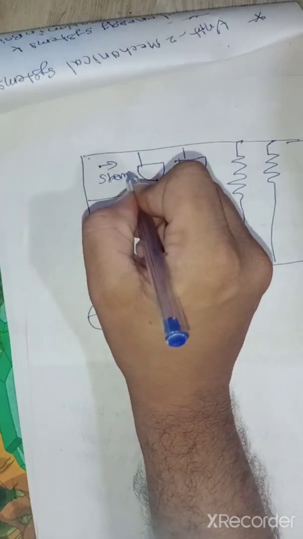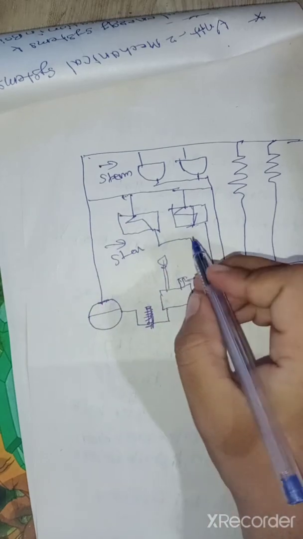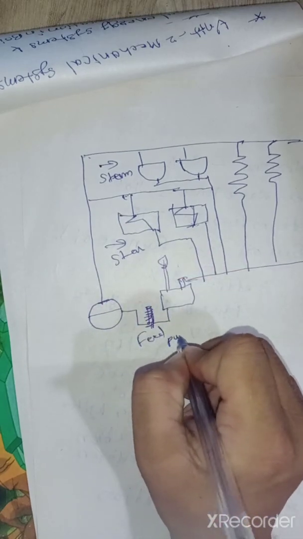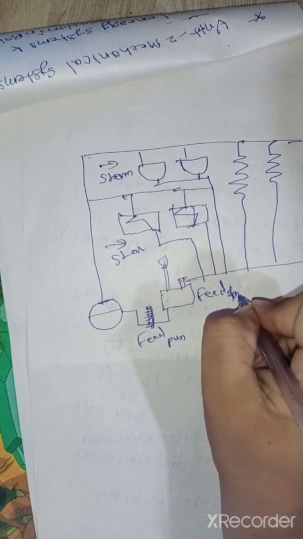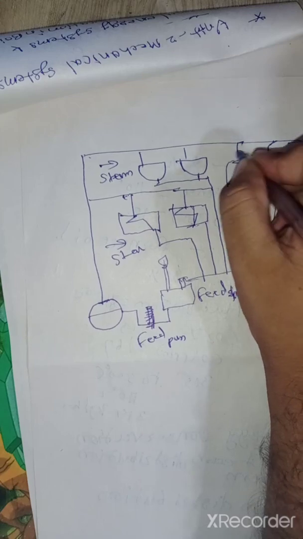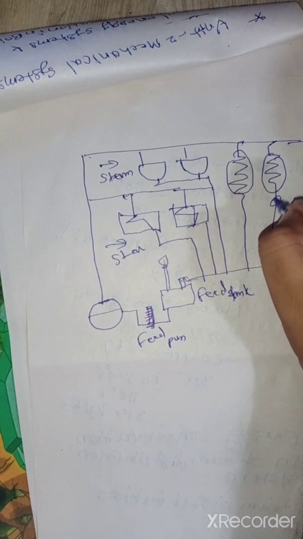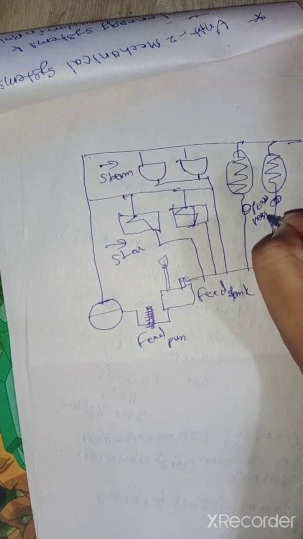This is steam, feed pump, feed stock or feed tank. These are the pressure valves, pressure vessels.